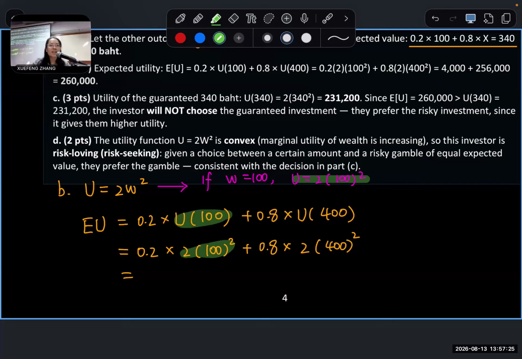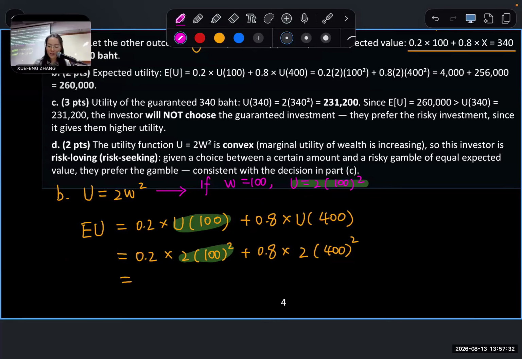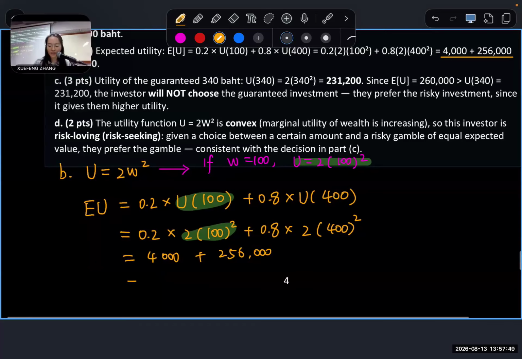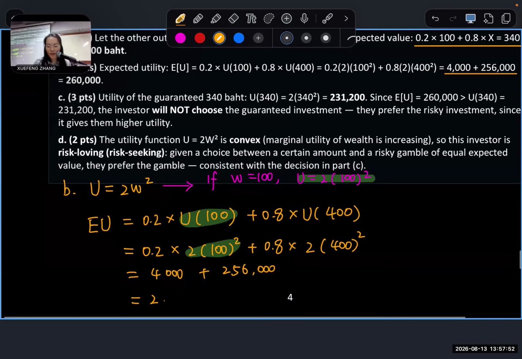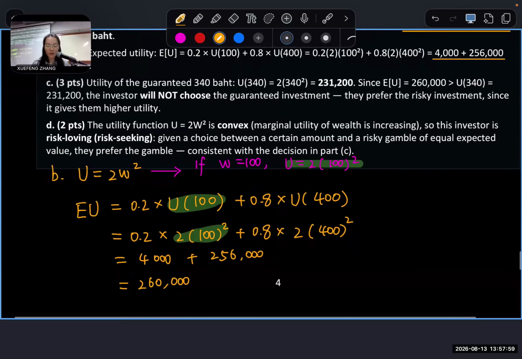So you just plug in numbers and then you times the probability. So for the first part, I showed you the answer here. Okay, 4,000 plus 256,000, which is 260,000. This is the expected utility for question B, right?